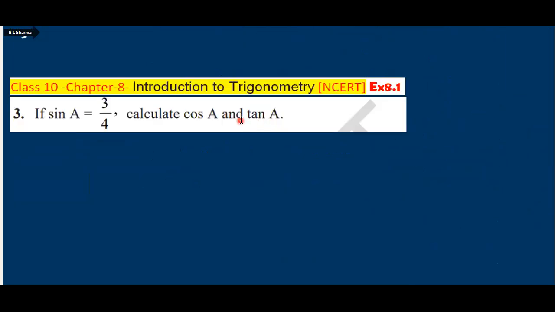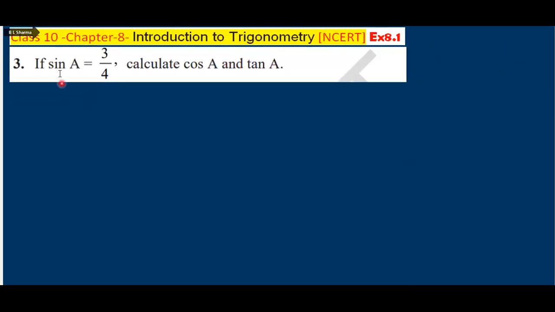Next, question number 3 of exercise 8.1 is on your screen. It is given sin A is equal to 3 upon 4. Calculate cos A and tan A. We know sin A, for acute angle A, it is given sin A is 3 upon 4.